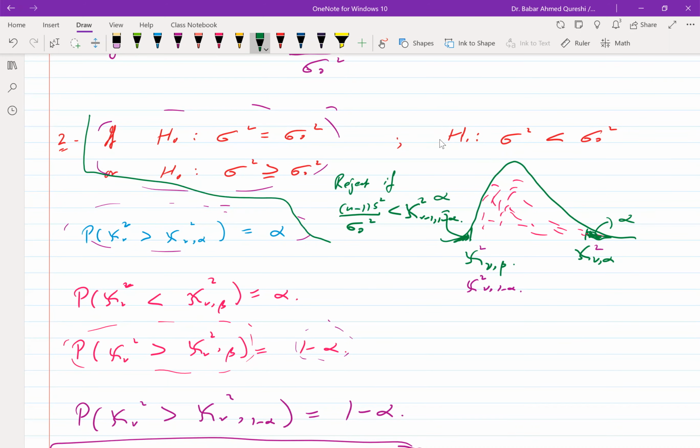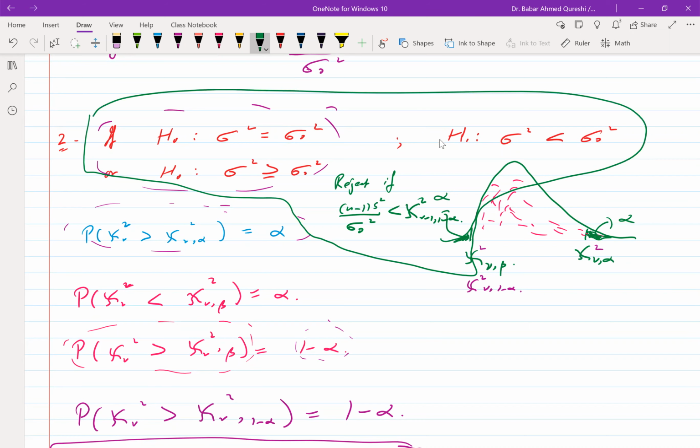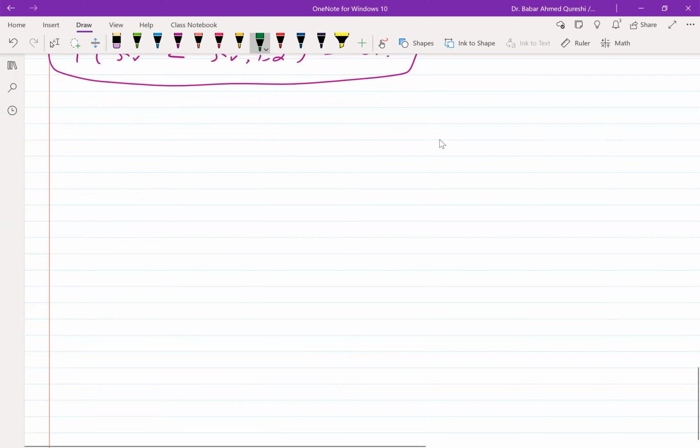That becomes your test on the lower end. Probably let's write it more clearly.